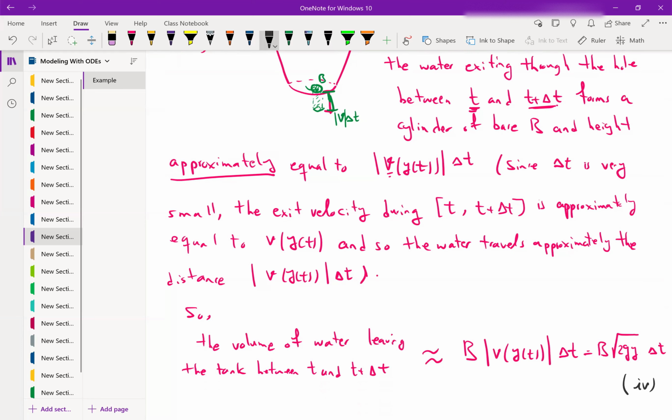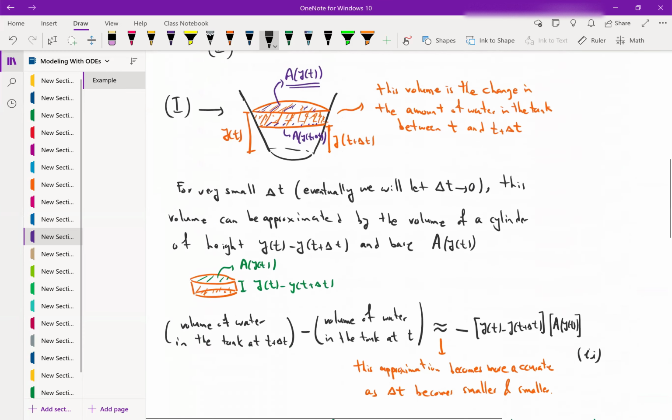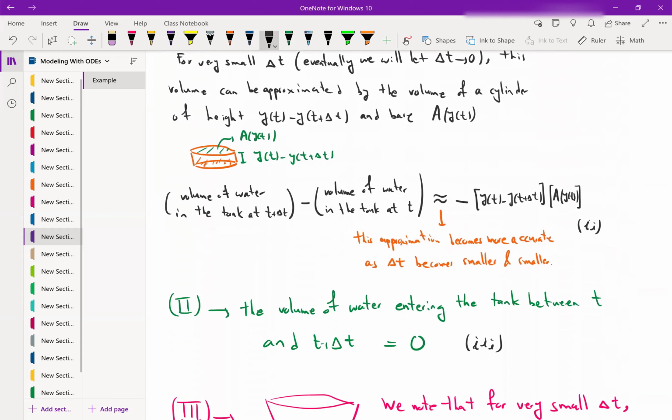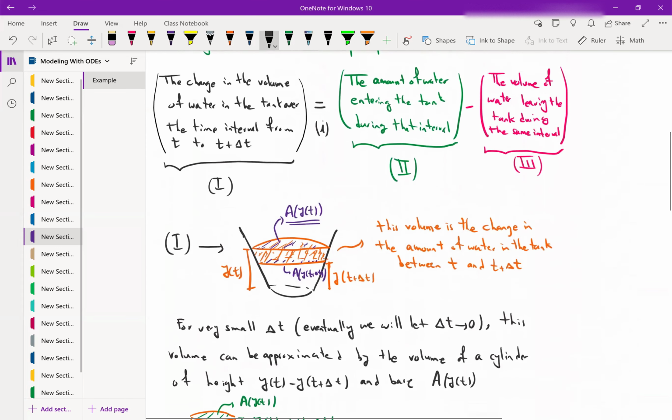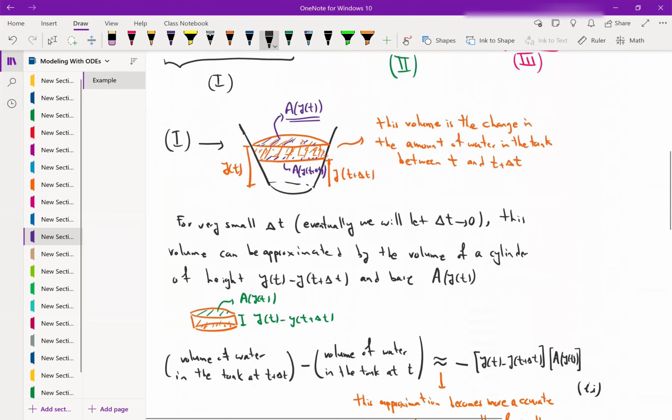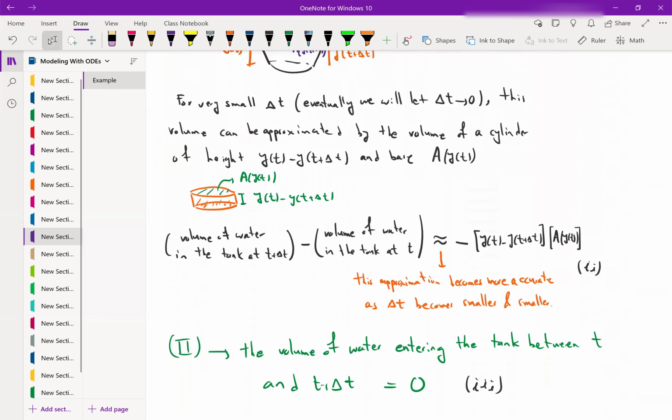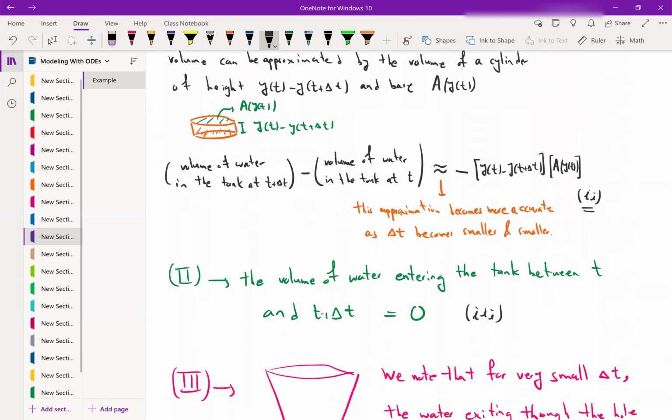So let's go over the things that we have learned so far. We had our conservation law. This is what I called 1. And then we separately discussed all the quantities that are appearing in this conservation law. We discovered what we have on the left-hand side. We called that 2. We discovered the first term on the right-hand side. We called that 3. It is 0.